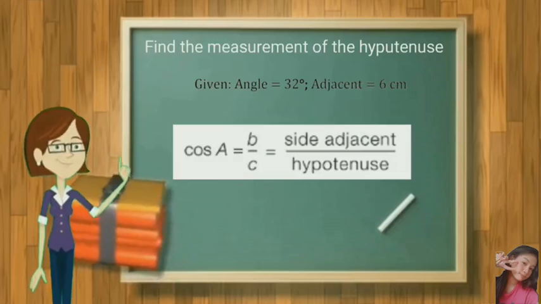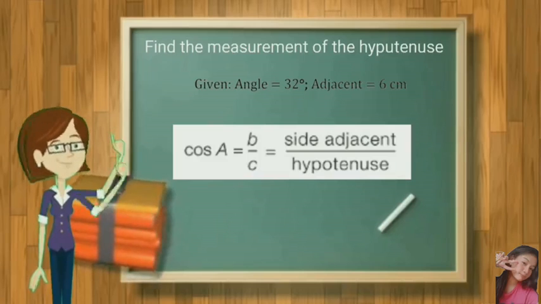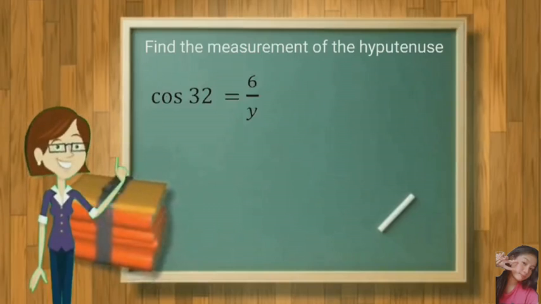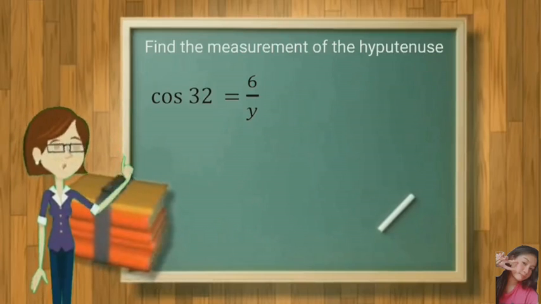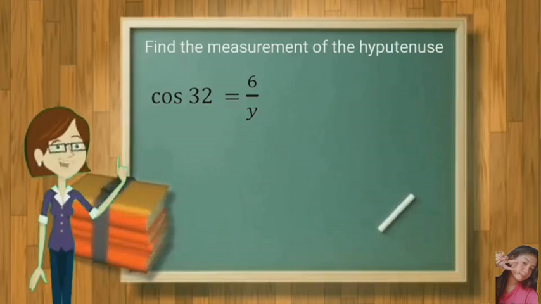It is because cosine theta is equal to the ratio of the length of the adjacent side to the length of the hypotenuse. So, cosine 32 is equal to 6 over y, where 6 is the adjacent and y is the unknown value of the hypotenuse.